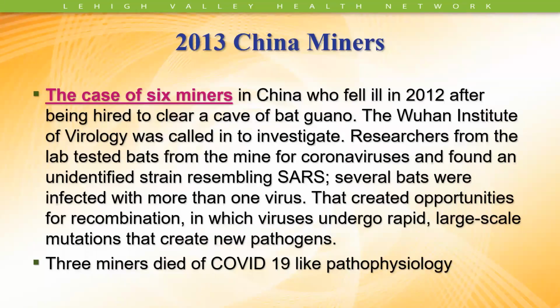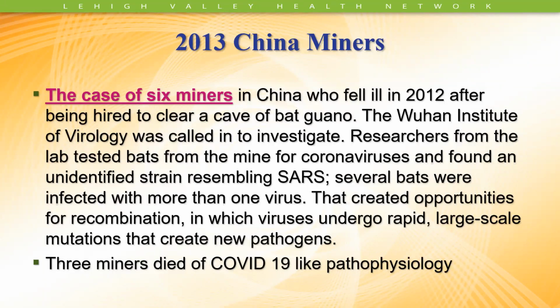Now, this is where I think the bats and the Wuhan escape come together. I think that there were 6 miners who were hired to clear a cave of bat guano. Bat guano is bat feces that is extremely rich in nutrients and is used for fertilization, and there has been a huge push for China to improve their production of produce and gardens and things like that.